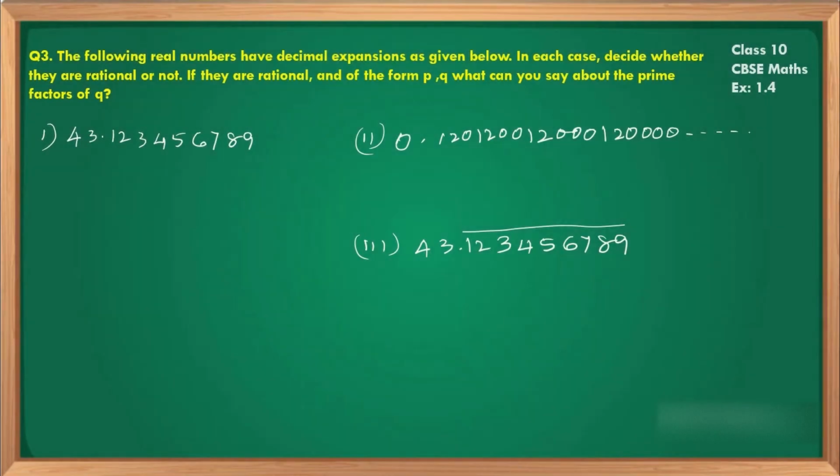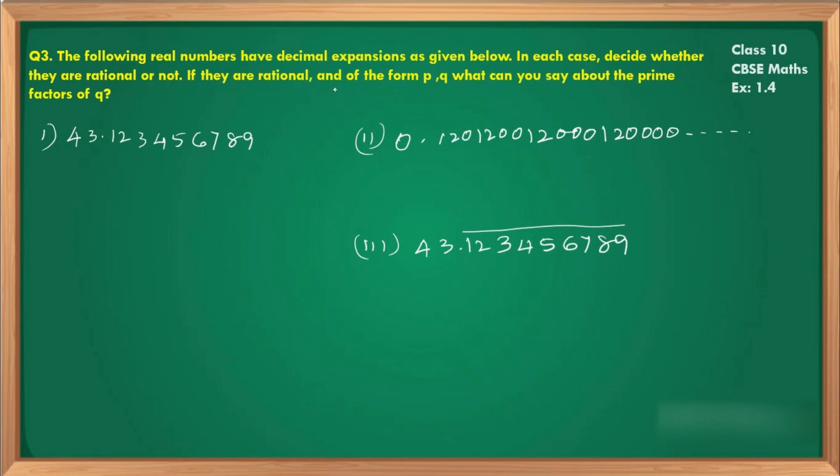Well students, now we move on to question number 3 of exercise 1.4. There are 3 sub-questions. The first one is 43.123456789. Now what does the question say? The following real numbers have decimal expansions as given below. In each case, decide whether they are rational or not.